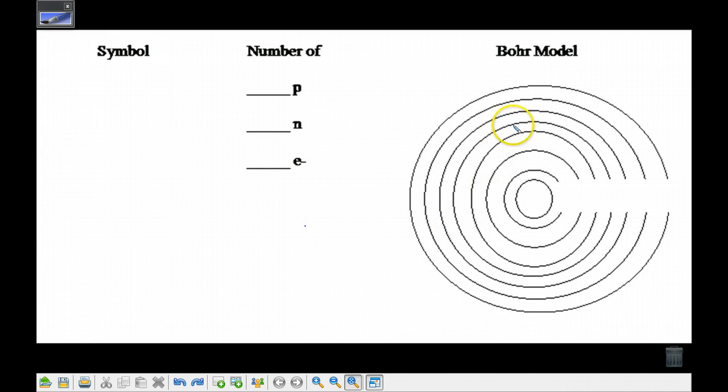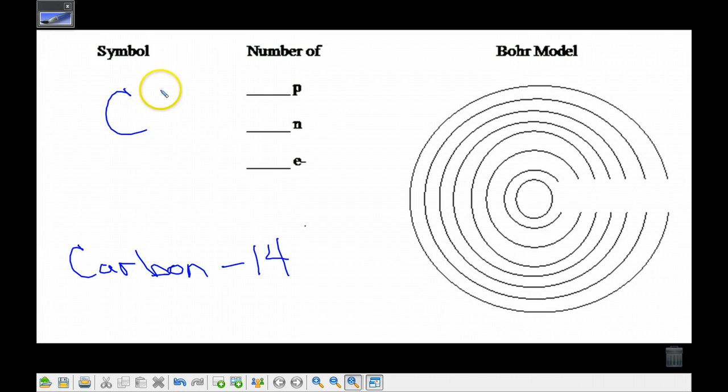Let's say I wanted you to draw a Bohr model for carbon 14. And if I don't say it has a charge, it has no charge. So now what you've got to do, from just carbon 14, you need to do the symbol. But when I say the symbol, I don't just mean the letter C. I mean all of the numbers around it.